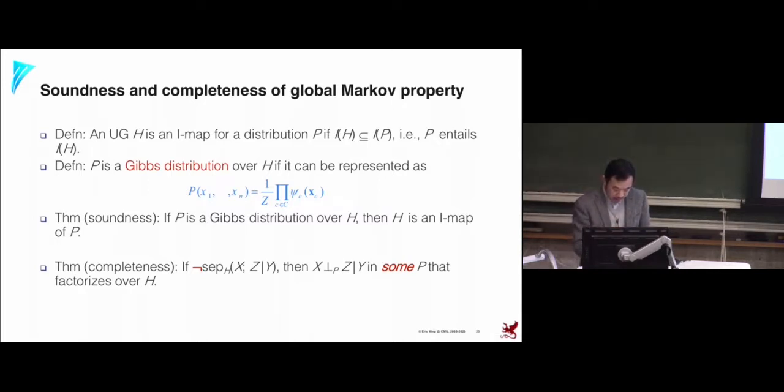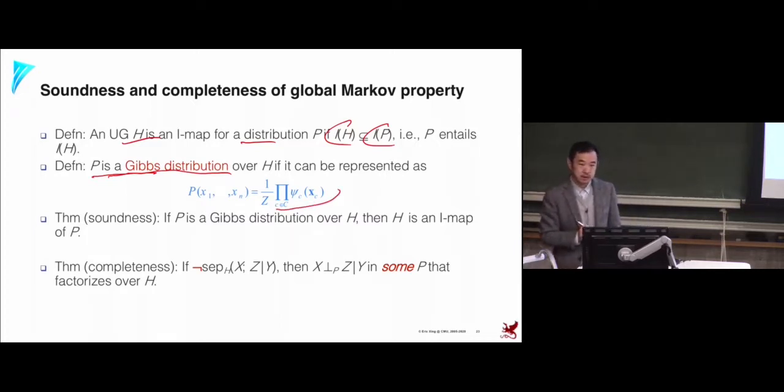We say that H is an I-map of a distribution if I of H is a subset of I of P. And the good news is that if we define the distribution using this formula called the Gibbs distribution, which we just saw before, which builds on the product of all potential functions defined on cliques, they are not arbitrary potential functions, they are potential functions only on cliques, and normalize it properly, then you have this so-called soundness guarantee, which is that you are guaranteed that H is an I-map of P. It's a nice guarantee.